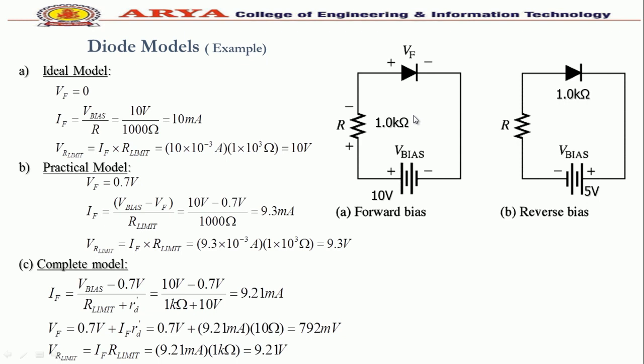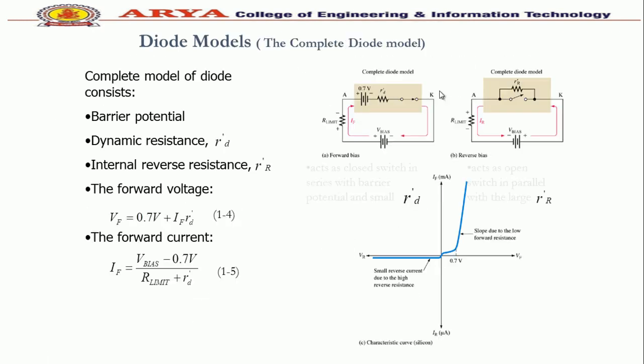If we calculate using the complete diode model, IF in this circuit can be calculated using VF, which is the summation of 0.7, the barrier potential of the diode, plus IF into RD dash. So VF is now 0.7 volt plus IF RD dash.